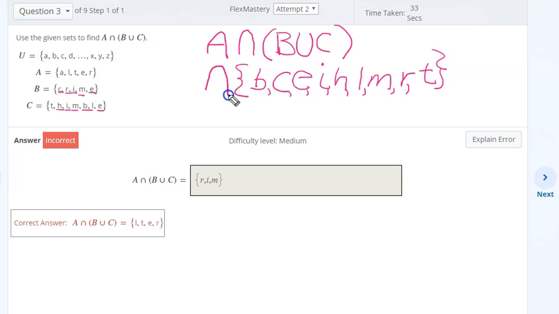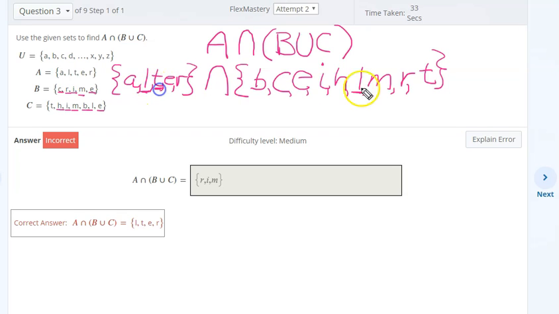Now I want to do the intersection of A, which is ALTER. And now I'm going to use that technique of what is found in both. A, no. L, yes. L is found in both.